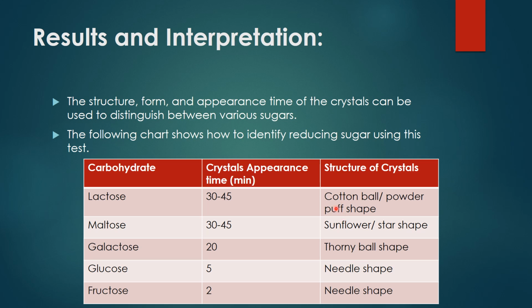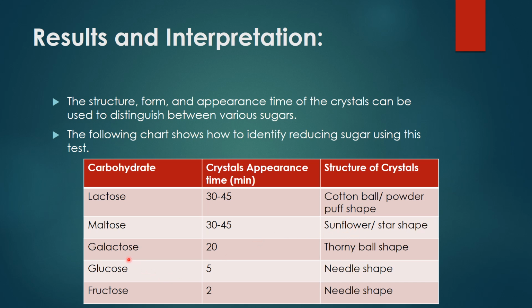The lactose crystals are shaped as a cotton ball or powder puff, but maltose crystal structure is like a sunflower or star shape. These shapes, you can see them under microscope. Okay.